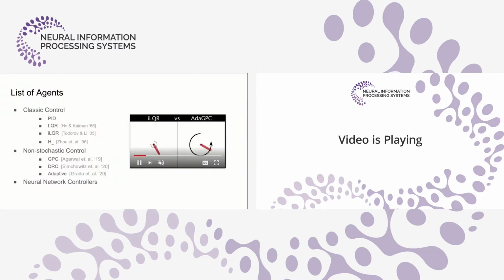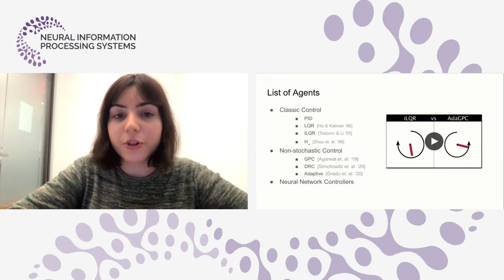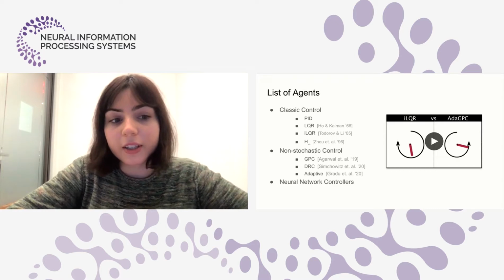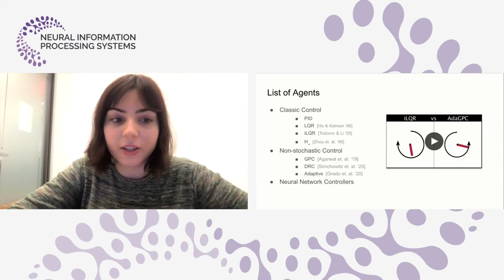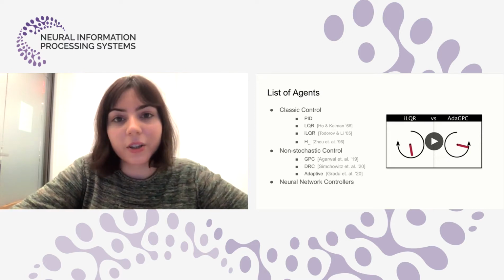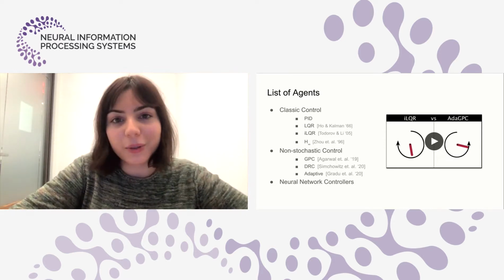Currently available agents can be split into 3 categories. First, we support the classic control algorithms such as proportional integral derivative control, linear quadratic regulator, iterative linear quadratic regulator, and H infinity. Secondly, we support new non-stochastic control methods, which I will not go into, but feel free to look up the citations right here.